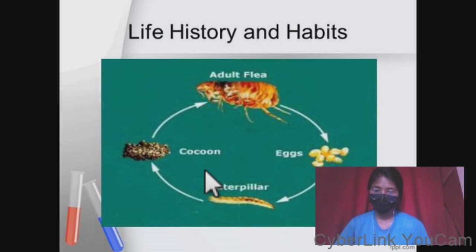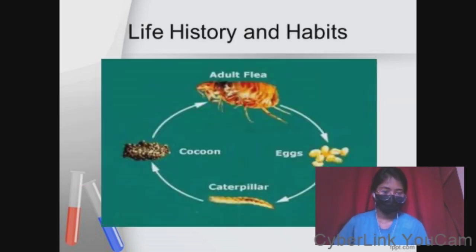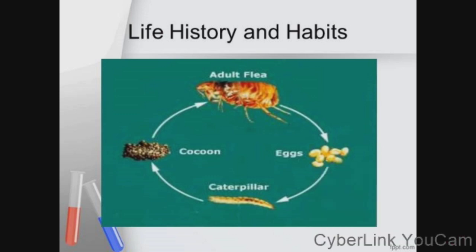Most fleas have 3 larval stages. Each third instar larva spins a cocoon within which it pupates. Pupae may live for a week up to a year depending on the species and environmental conditions related to temperature and moisture.